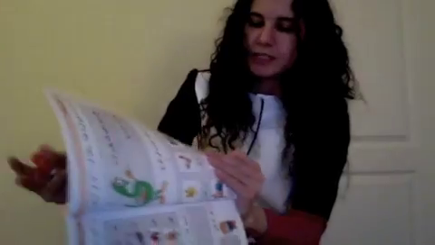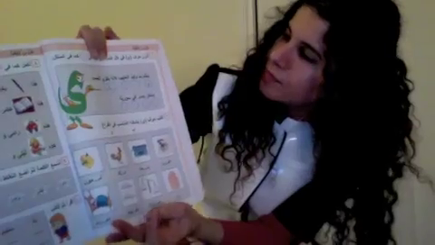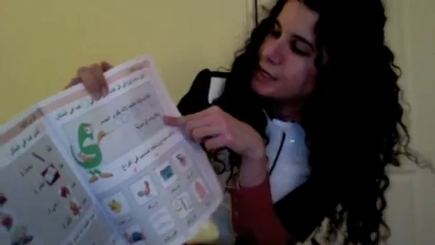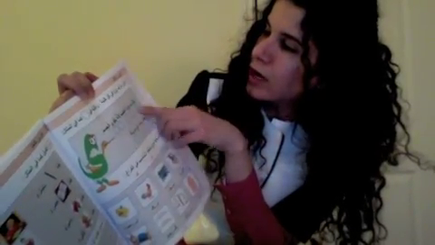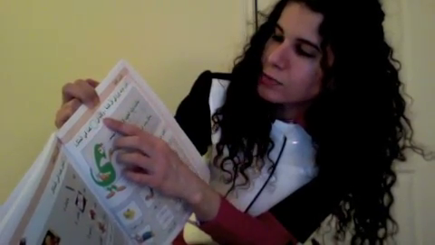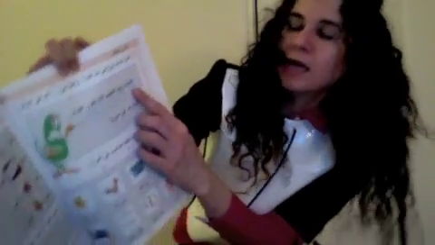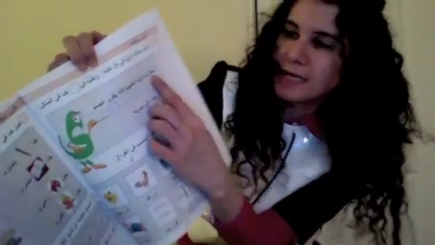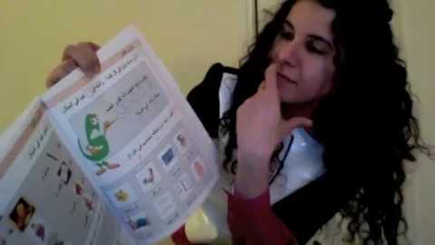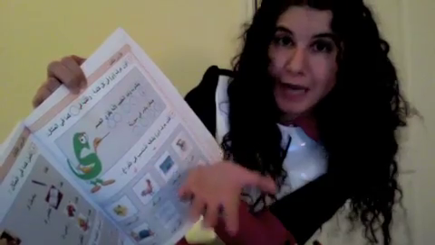So turn the page to page 14. And let's do exercise 6, the top part right here. Basically, there's a sentence right here, and some of the words in it have a ya, the letter ya.